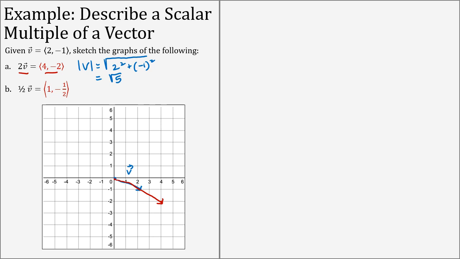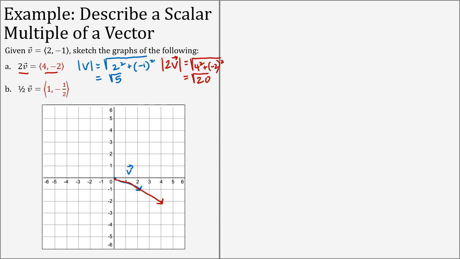What is the magnitude of vector 2v? Well, that would simply be the square root of 4 squared plus negative 2 squared, which would be 16 plus 4, which would be the square root of 20.